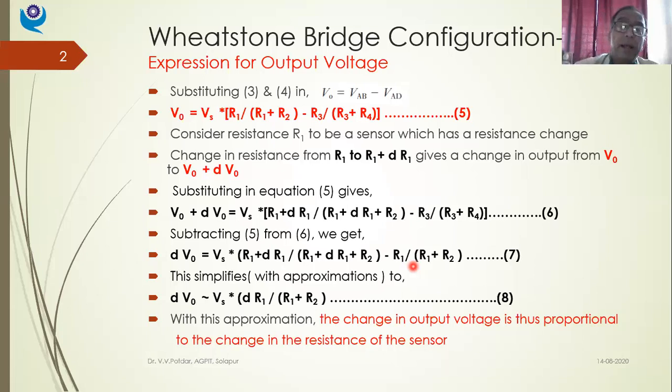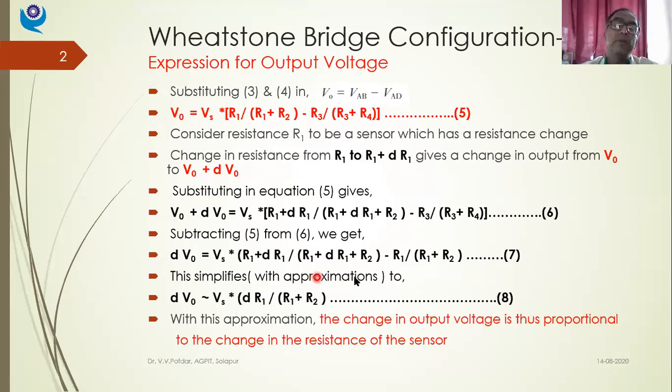So wherever you get some terms along with R2, dR1 plus R2, dR1 plus R1, you can neglect those terms, and if you do the simplification, you get dV0 approximately equal to Vs into dR1 upon R1 plus R2. Other terms, being very small, we neglect.